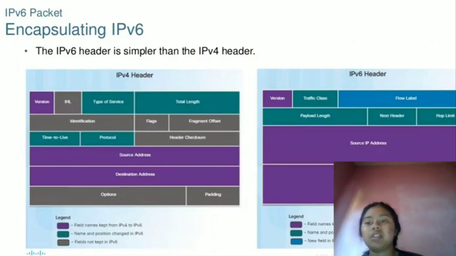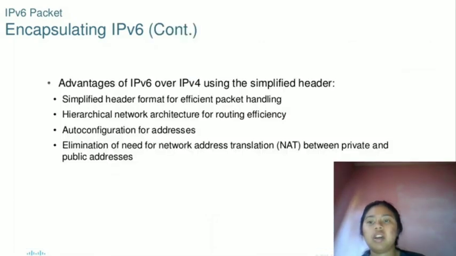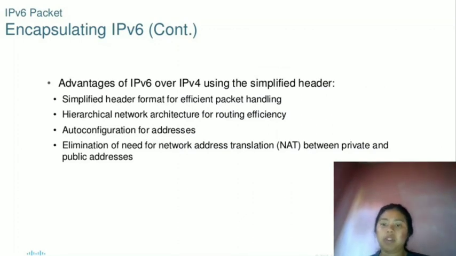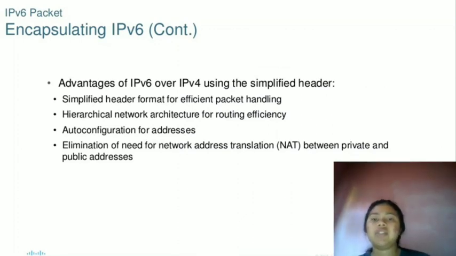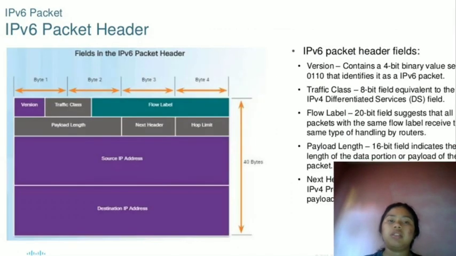Encapsulating IPv6. The IPv6 header is simpler than the IPv4 header. Advantages of IPv6 over IPv4 using the simplified header: simplified header format for efficient packet handling, hierarchical network architecture for routing efficiency, auto-configuration for addresses, and elimination of the need for network address translation between private and public addresses.